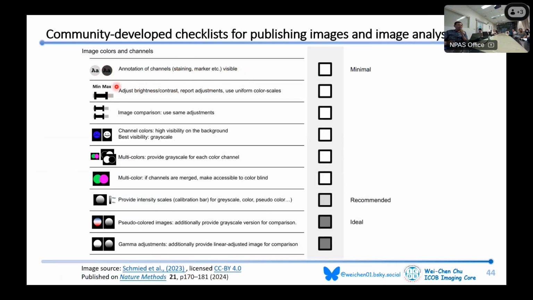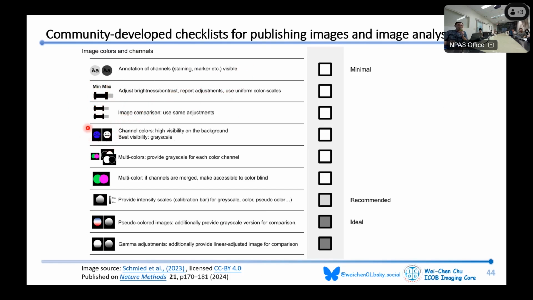And you can adjust brightness and contrast for better visualization purposes, but it's better to report the adjustment. And for compared images, you need to use the same brightness and contrast adjustment, and don't use auto adjustment for individual ones.